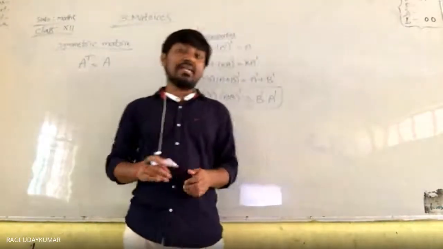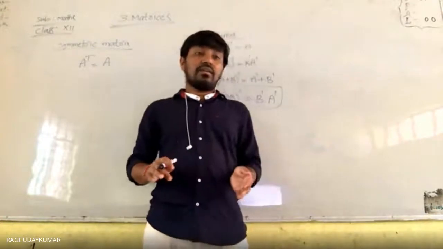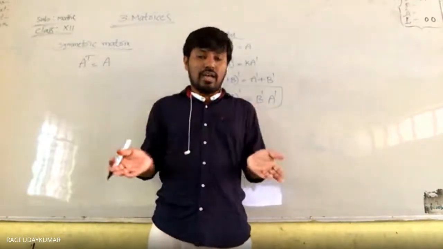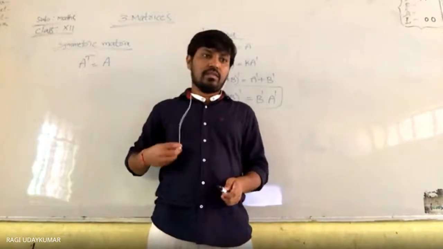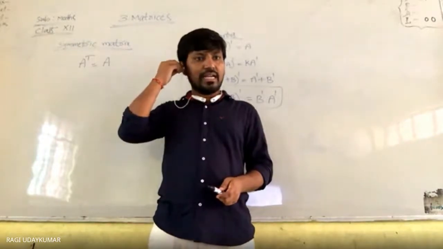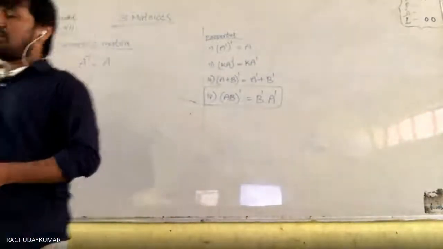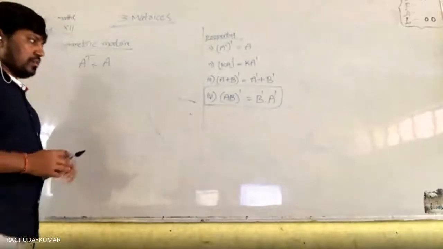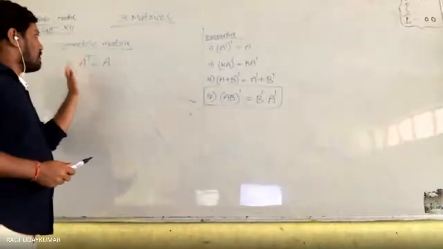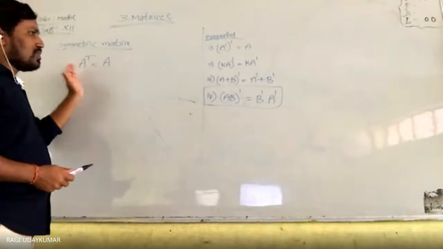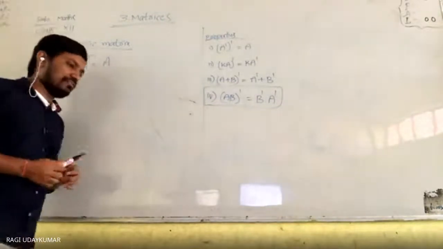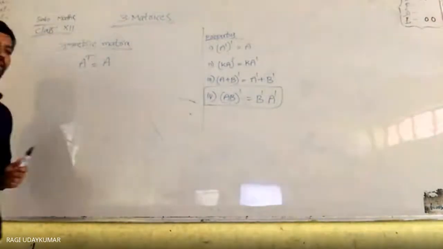So for a matrix to be a symmetric matrix, is there any condition on its order or any speciality? Is it of any order, or is there any speciality? A should be equal to A transpose only. If the transpose of the matrix should be equal to itself, what is the order?